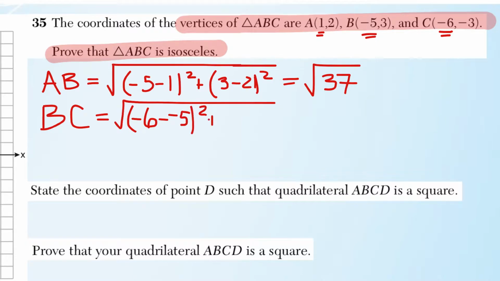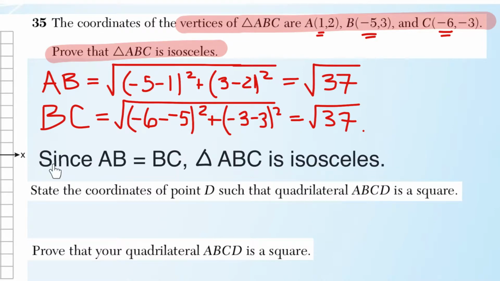And then we add y2 minus y1. In this case, that would be -3 minus 3 squared. And of course, that also gets us an answer of root 37. We can then conclude that since AB is equal to BC, the triangle ABC is isosceles.